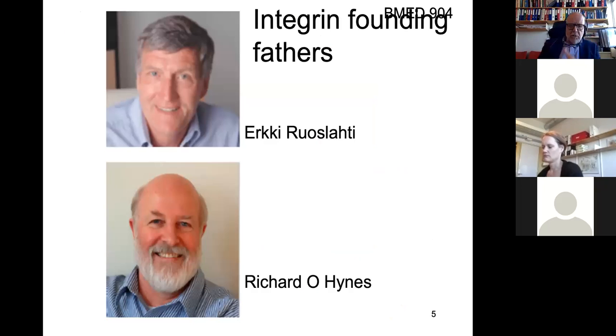As I said, when I started as a graduate student in the 1980s, integrins had not been isolated. In particular, two scientists contributed to the discovery of the integrin family. Integrins have evolutionarily been around for millions of years, but we haven't known them in the scientific community until the 1980s.